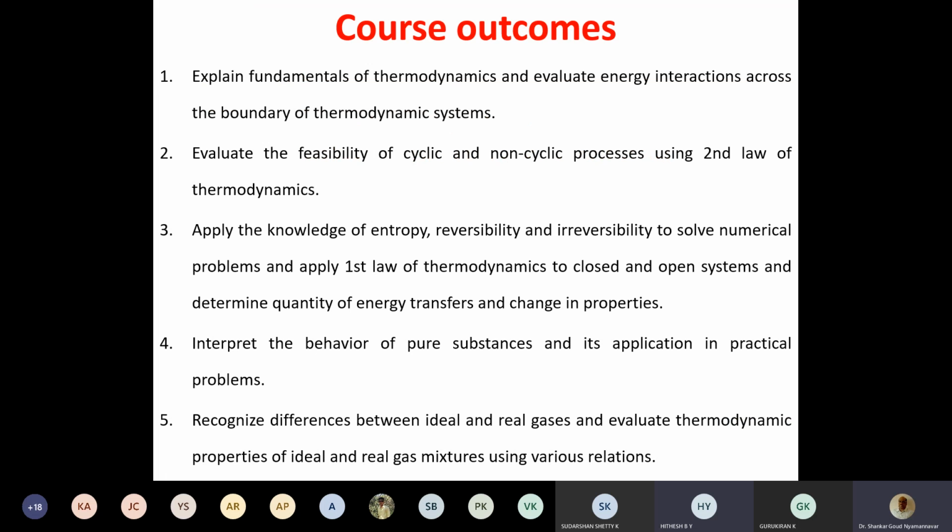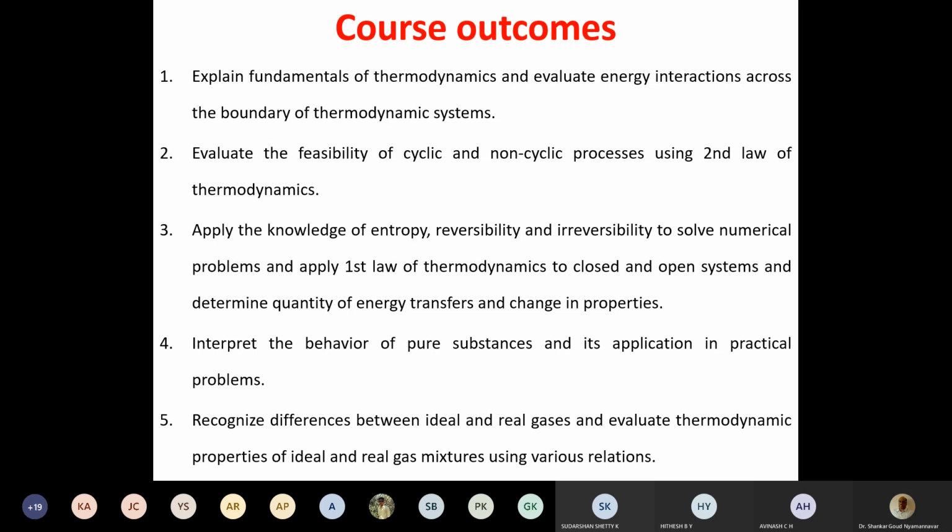So what are the course outcomes? Explain the fundamentals of thermodynamics and evaluate energy interaction across the boundary of a thermodynamic system.